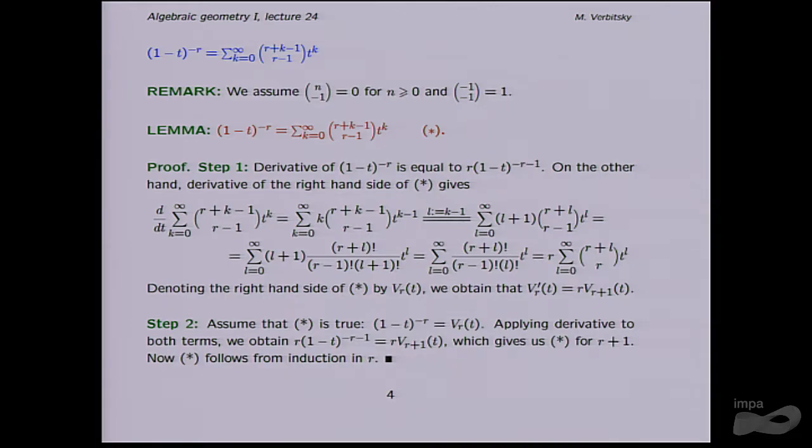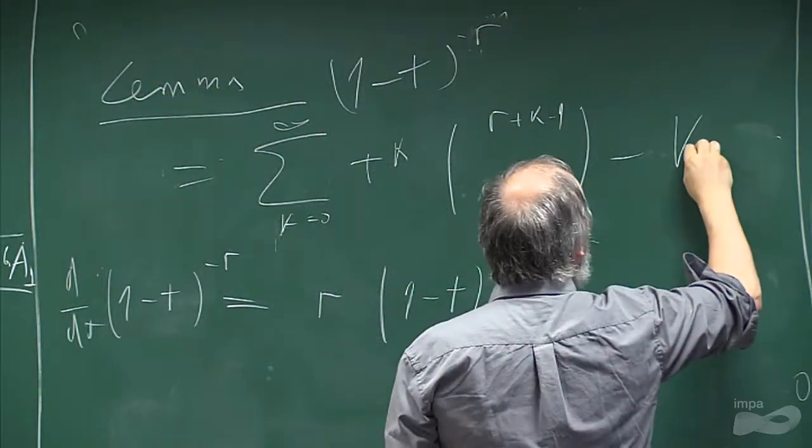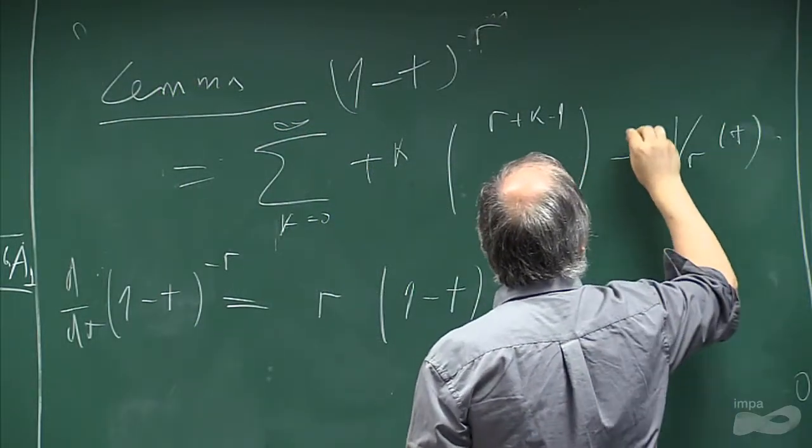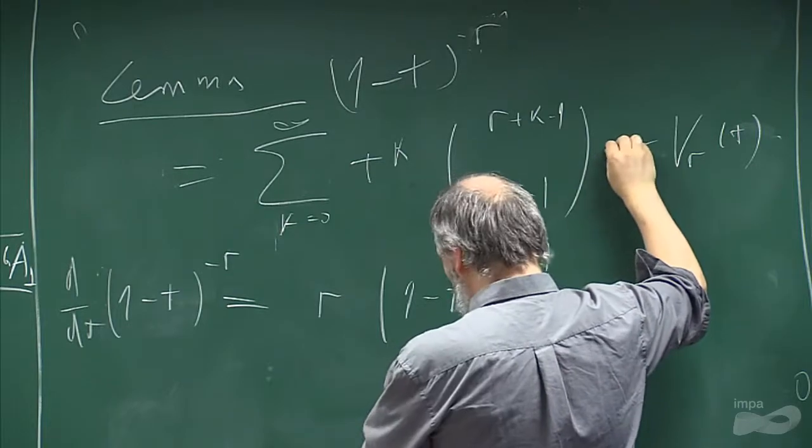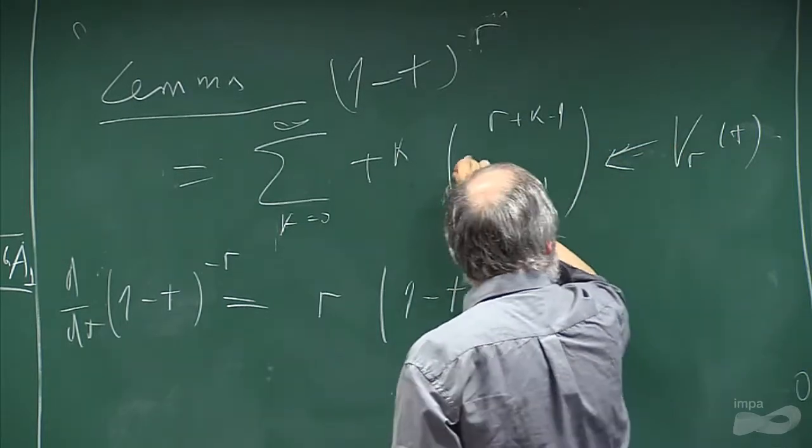And then you realize that if you multiply it by r, you will obtain a binomial coefficient. That's all. There's nothing much to do. And then you denote this guy by V_r of t. This is the right hand side of this.